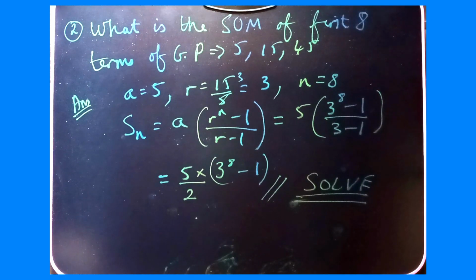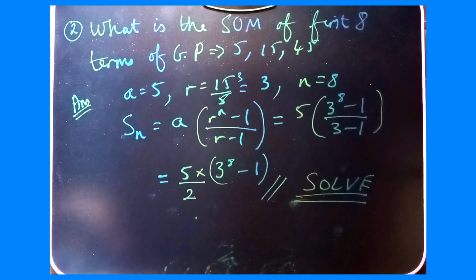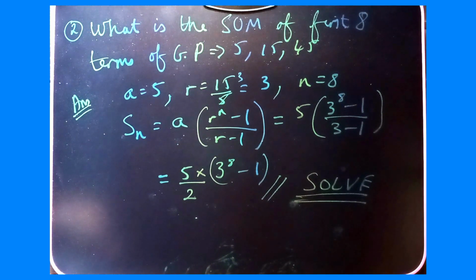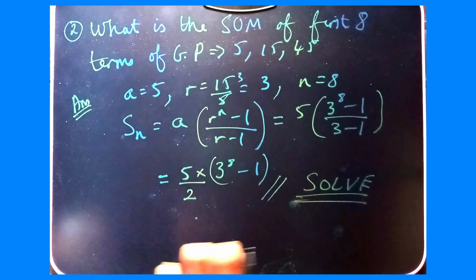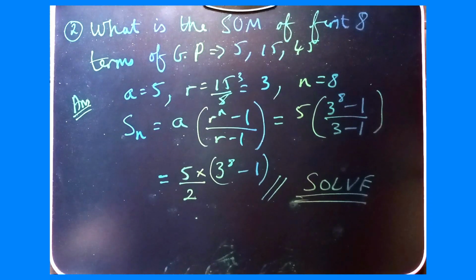Okay, let us take one more. Shall we take one more problem, or is that enough for you? Let's take one more problem where we don't have a whole number.